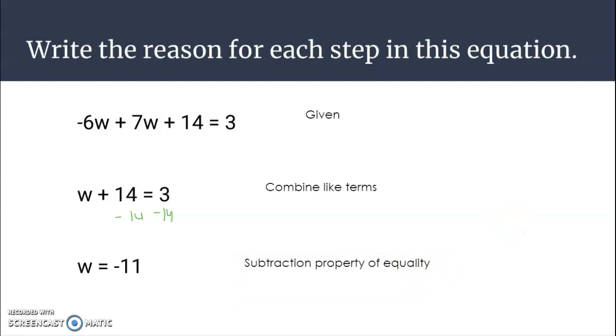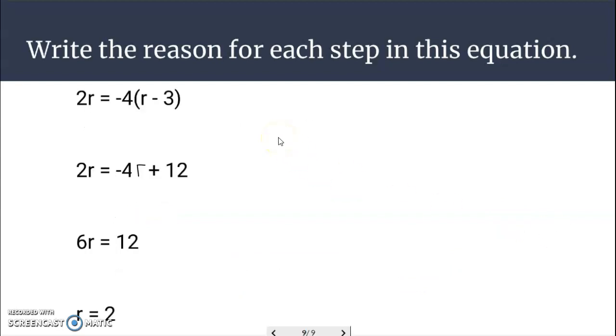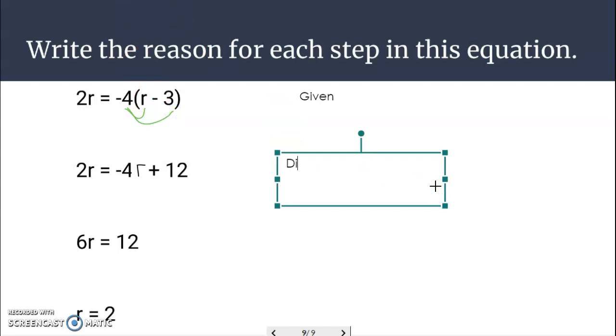All right, let's look at one more with an extra step. Reason for each step in this equation. Start out with given. Looks like the distributive property was applied here: -4 to r, -4 to -3. And that was the distributive property.